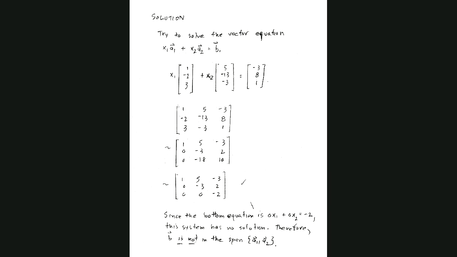So just like the previous example, we need to try to solve this vector equation. Does x1 times a1 plus x2 times a2 equal b?